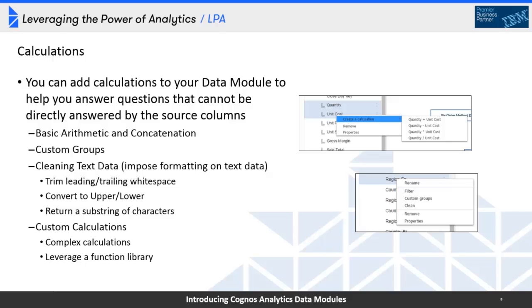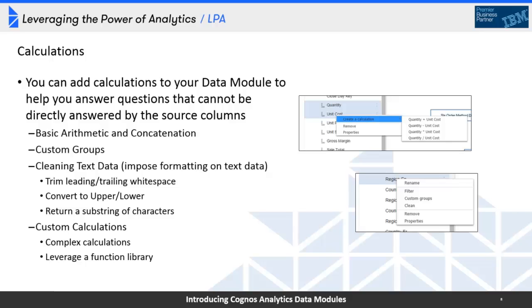So I can use this clean text data capability, which I get to by doing right-click on the string column and choosing clean. That's shown in the second screenshot there. I could just return a substring. So I've got those 3 options in the clean, and the result of doing the clean capability is that they replace the column with the cleaned data.